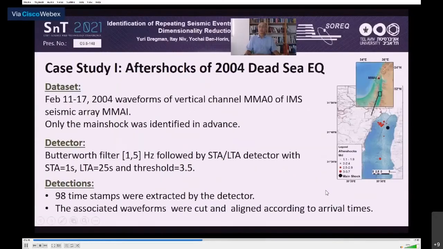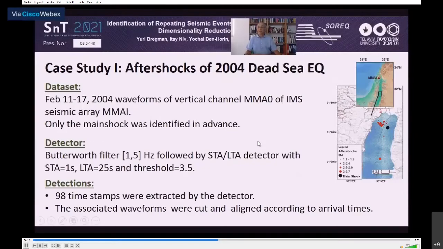The case studies. Our first example is aftershocks of the 2004 Dead Sea earthquake. The dataset includes 1 week of waveforms of the vertical channel of IMS seismic array Mount Meron, MMAI. As a template, only the main shock is used, which is supposed to be identified in advance.